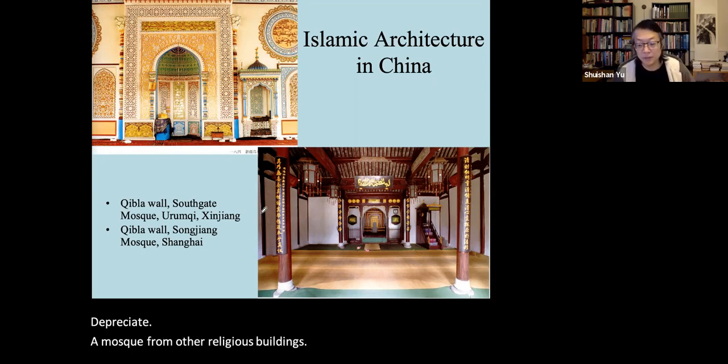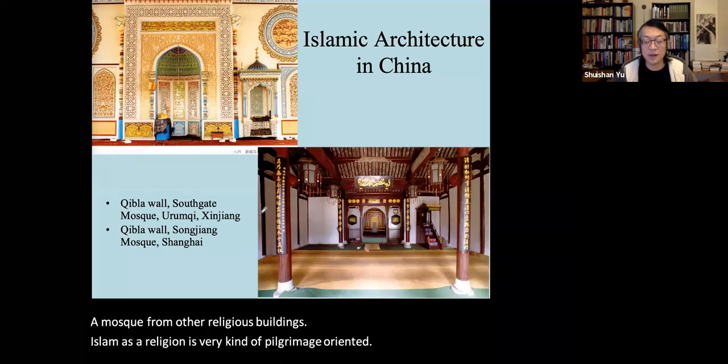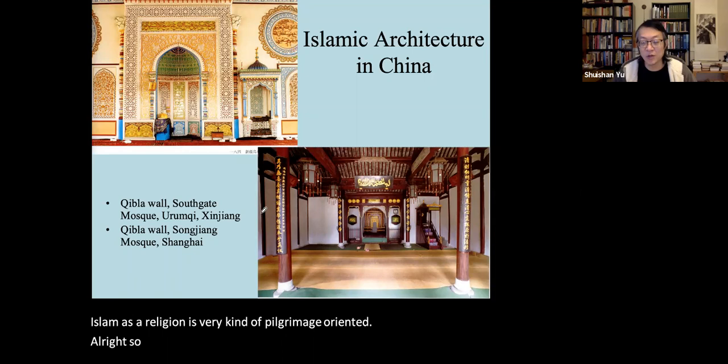Islam as a religion is very pilgrimage oriented. So its architecture, its orientation does not follow cardinal direction and does not even follow the natural topography.